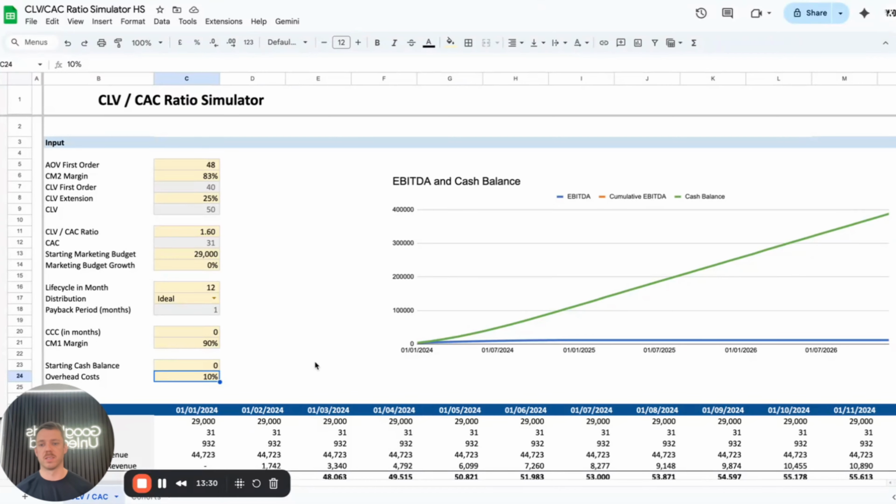So with this business, like I said, we spend about 29k every month at the moment in marketing costs, and we're doing so profitably. But in order to grow profitably and in order to get the cash balance to grow long term, we need a certain customer acquisition cost to customer lifetime value ratio in order to have the bell curve continuously go up and to be at a constant profitability and a constant cash balance.